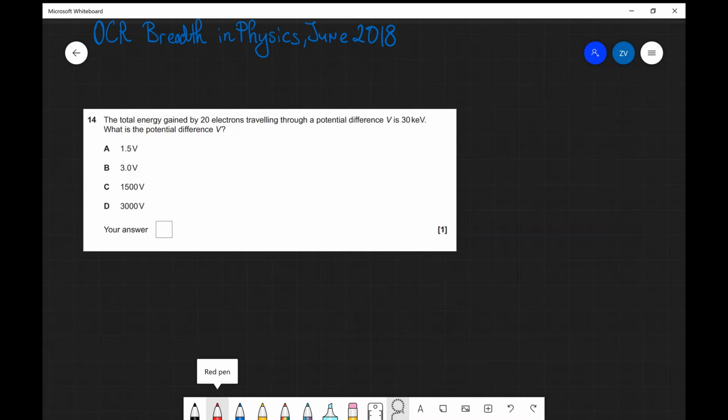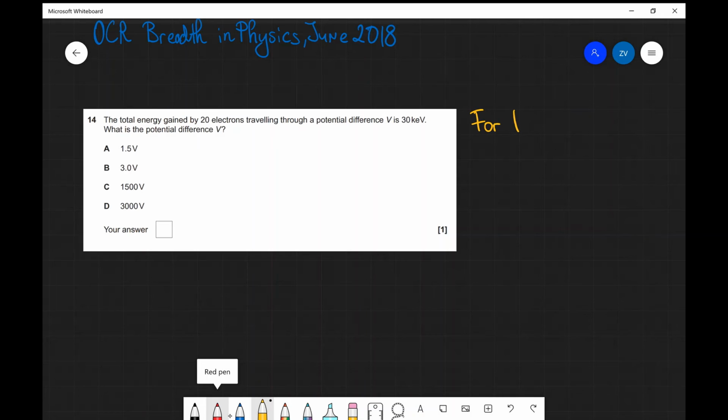Question 14. The total energy gained by 20 electrons traveling through a potential difference V is 30 kilo electron volt. What is the potential difference in volts? Okay, well, if the potential difference for 20 electrons is 30 kilo electron volts, then let's just write down the energy for a single electron.